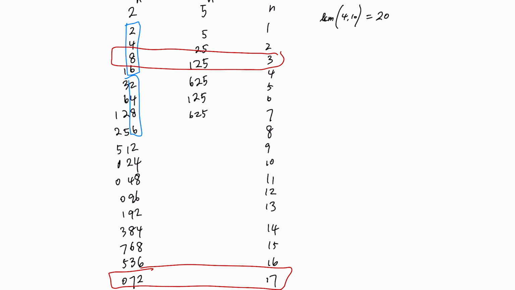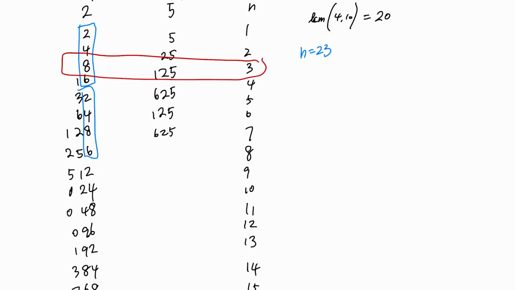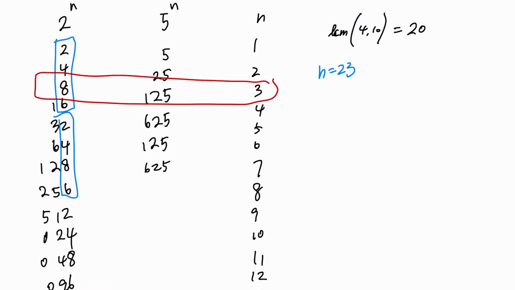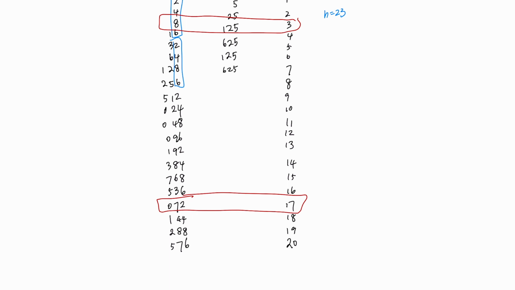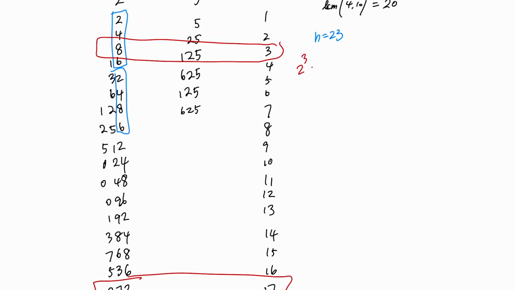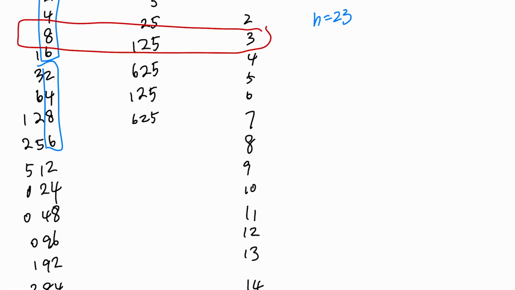Now let's list out, how about n equals 23. For n equals 23, we can have this 8, and the thousands digit will just be 2^3 times 2^20. So this is 576, this is 8, so we can just multiply these together: 576 times 8.